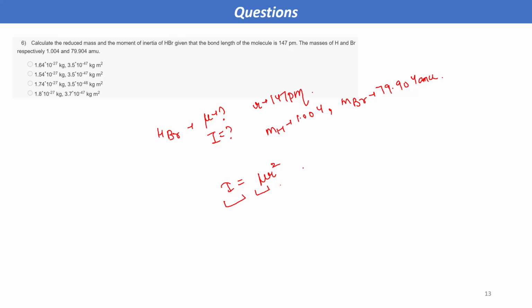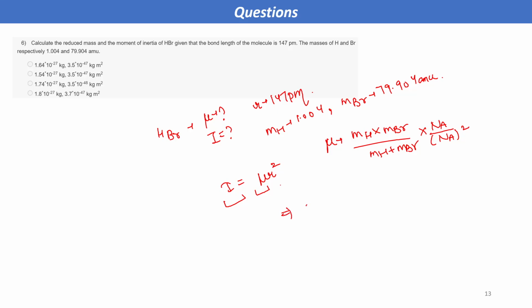We only know r. So for calculating I, we should first know the value of reduced mass, and we know reduced mass is equal to the mass of hydrogen into mass of bromine divided by mass of hydrogen plus mass of bromine, multiplied by Avogadro number divided by Avogadro number whole square.